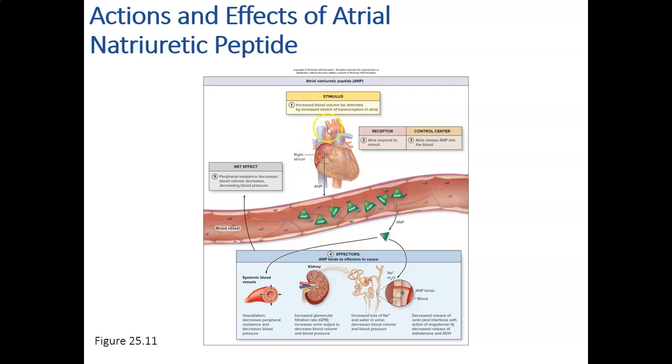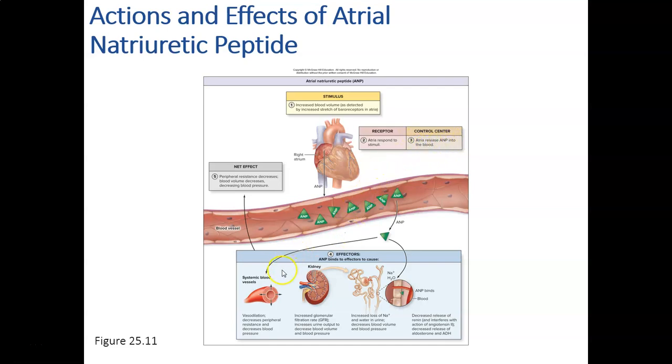Because ANP, A for atrial, is secreted from the atrium of the heart, and the atrium is where the blood returns to the heart. And if there's stretch on the atrium wall, that's a direct stimulus to the receptors on the atrium wall, and it basically promotes the atrium to release ANP into the blood.